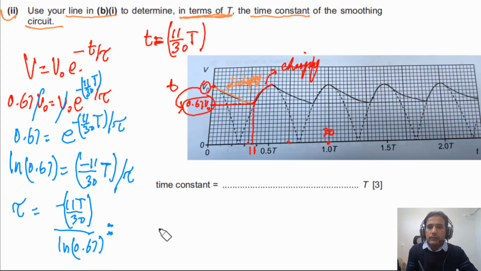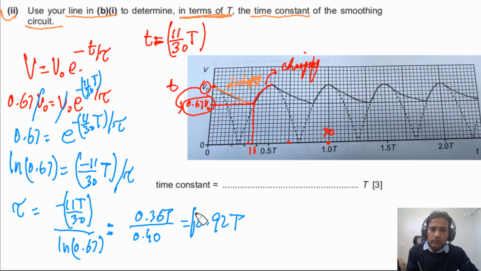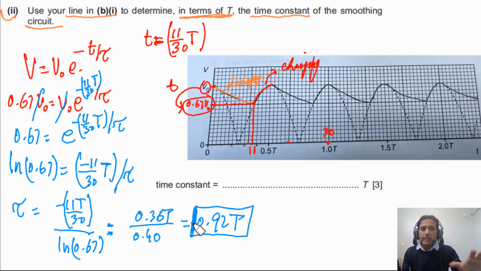Now if we plug in values, we will get 0.36 T divided by 0.40, and if we simplify this, we will get 0.92 capital T. So this is how we can find the value of tau. This is the time constant for the discharging capacitor. This is how we can figure it out.